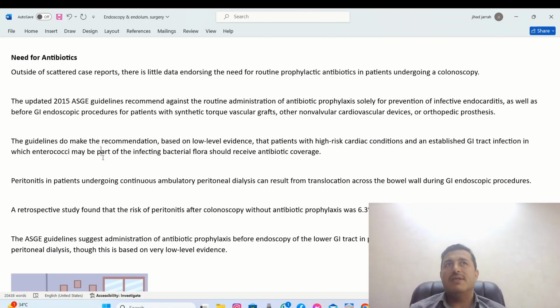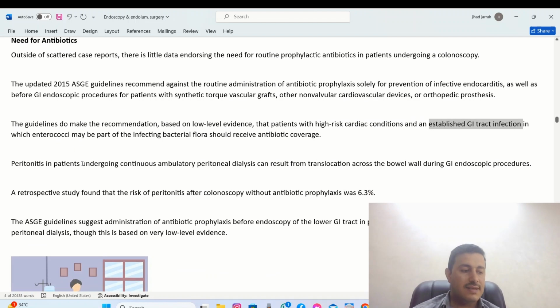We do not need antibiotics for a non-valvular cardiovascular device. But we need antibiotics in cases of high-risk cardiac conditions, such as valve replacement, and also in cases of GI tract infection, especially if the agent is enterococci, so spillage can occur and antibiotics are recommended.